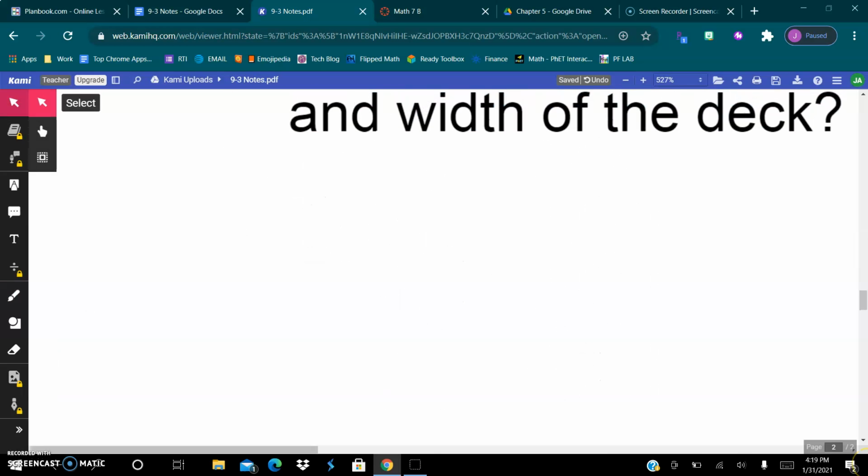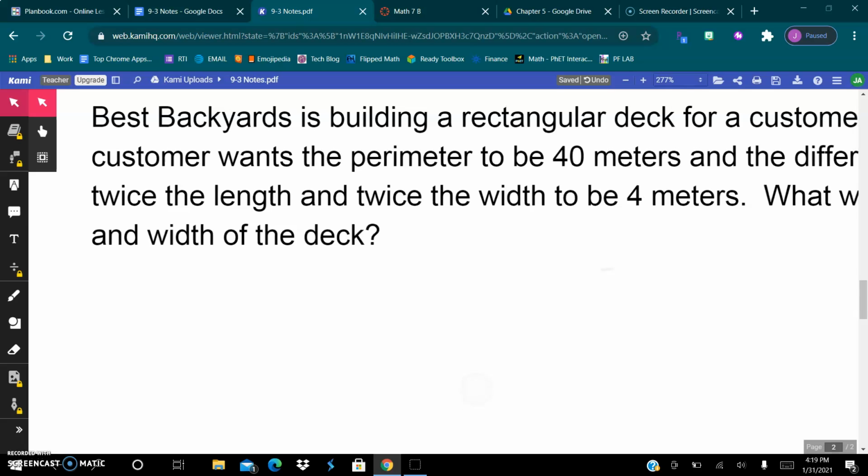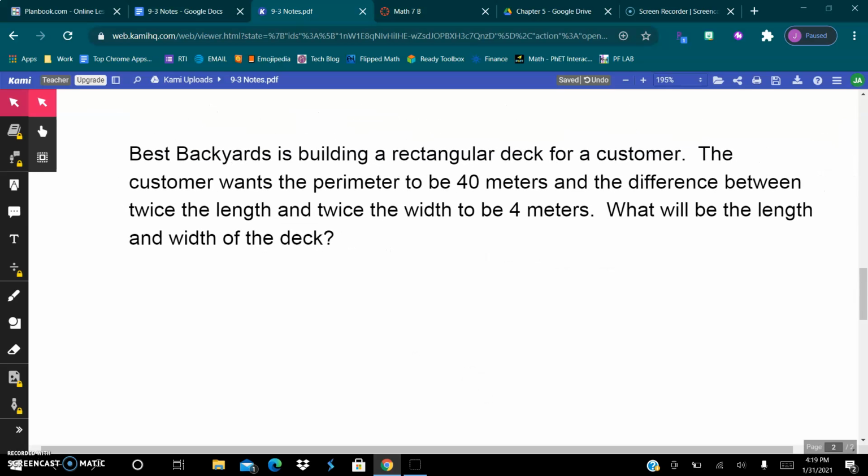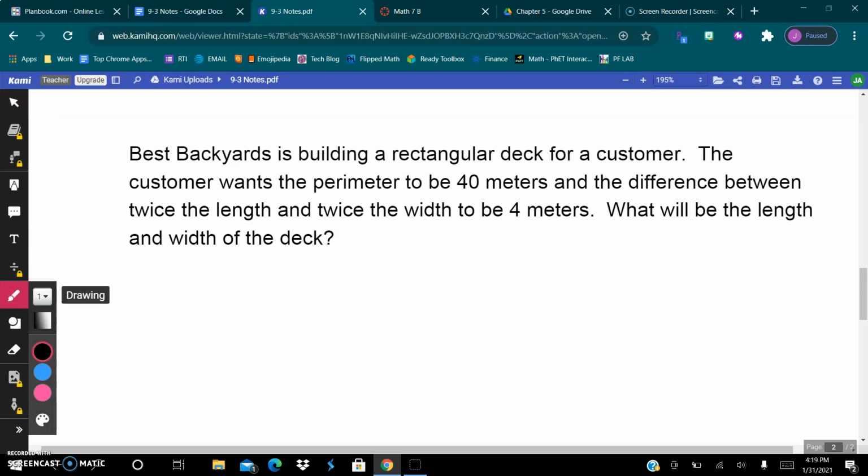And then for our last example here, it says that Best Backyards is building a rectangular deck for a customer. The customer wants the perimeter to be 40 meters and the difference between twice the length and twice the width to be 4 meters. What will be the length and the width of the deck? So if they want the perimeter to be 40 meters and it's a rectangle, so we have length and width.